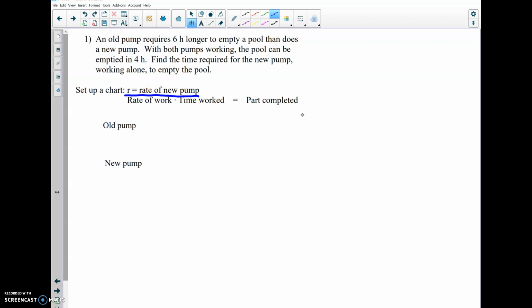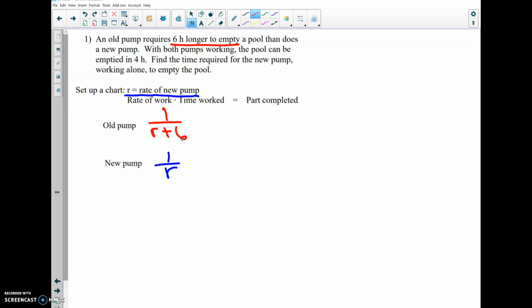So the new pump time is R, so the rate for the new pump here is 1 over R. The older pump takes 6 hours longer, so if it's 6 hours longer, it will be R plus 6.